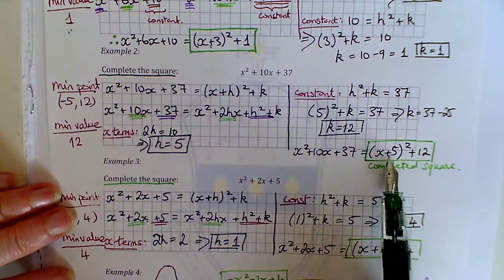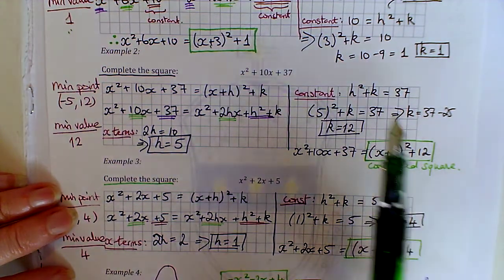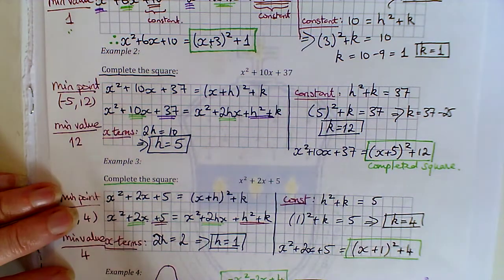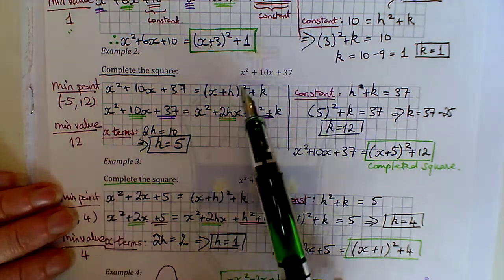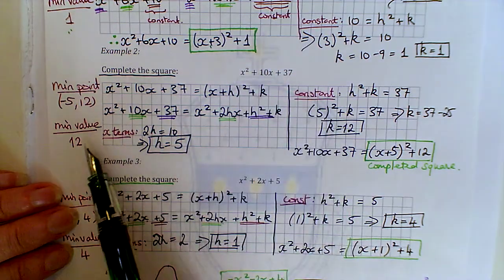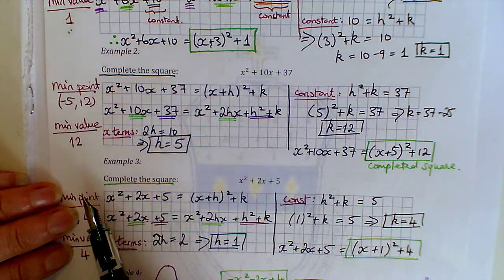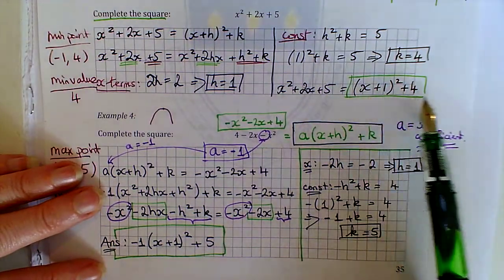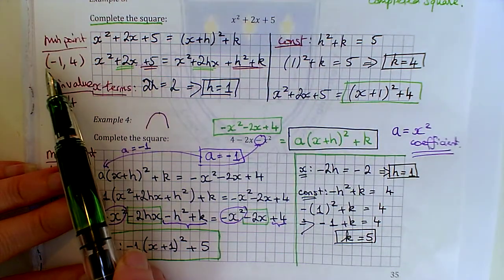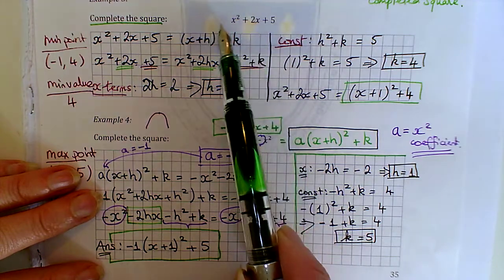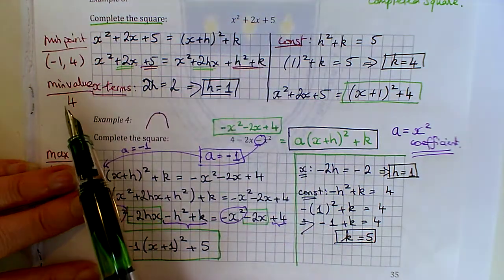So the minimum point, change this sign, don't change this sign, minus 5, 12. Minimum value, just 12. That means that no matter what value I put in for x, the smallest value that will ever come out will be 12. Here, there's my completed square format, so the minimum point is minus 1, 4. Minimum value is 4.